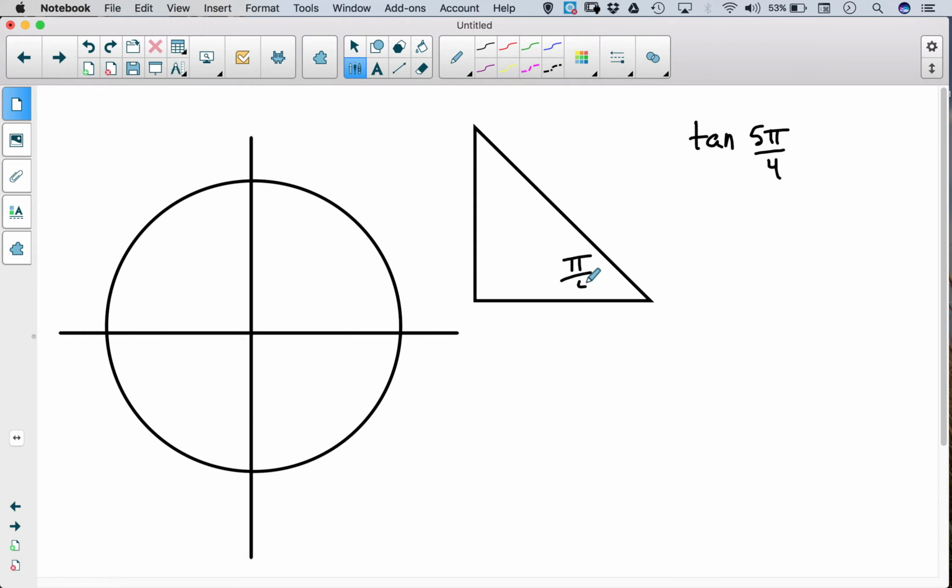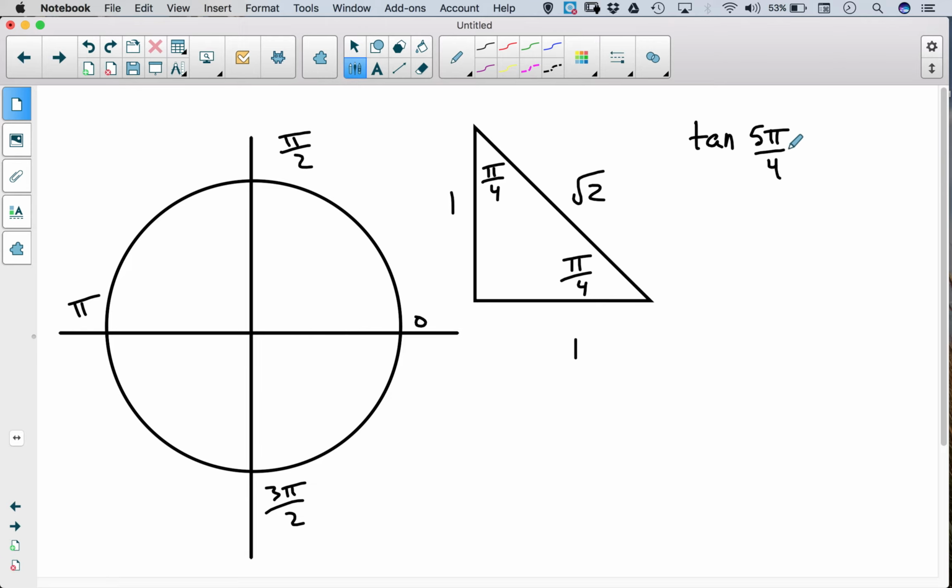So here we have our pi over 4 special triangle. We'll label this root 2, 1, and 1. And we have to figure out where 5 pi over 4 exists on our unit circle. So 0, we have pi over 2, and pi, and 3 pi over 2. You look at this and you might say, well, 5 pi over 4, I don't really know where that is.